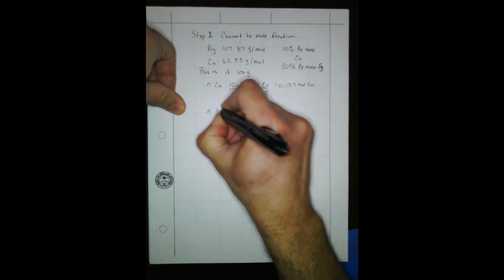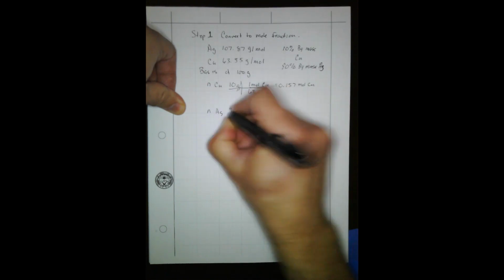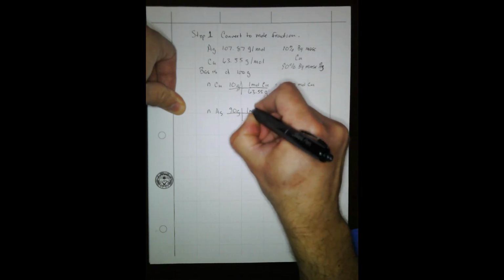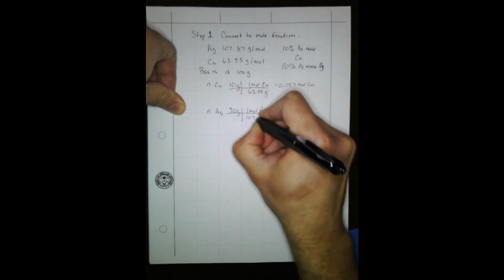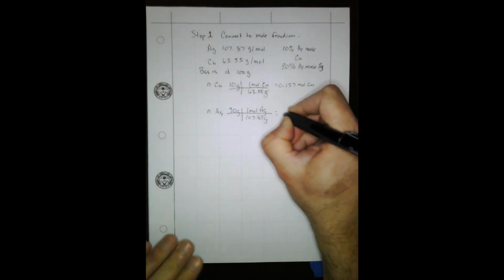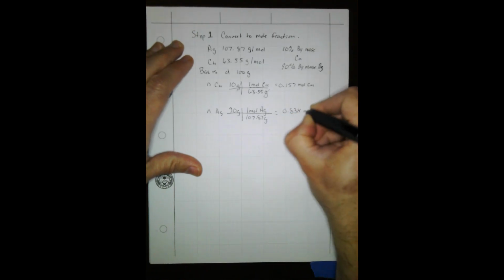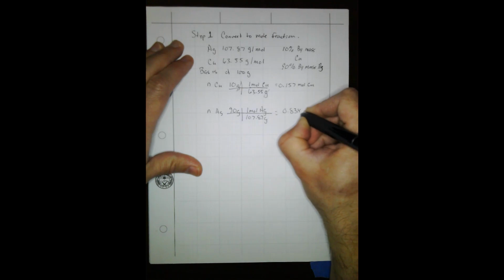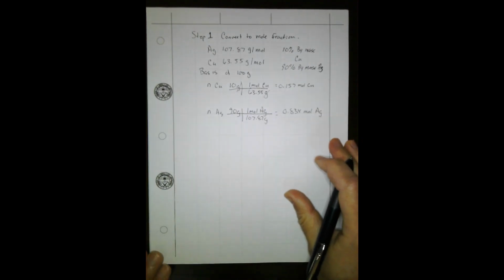The number of moles of silver is 90 grams, and 1 mole of silver is 107.87 grams, which equals 0.834 moles of silver. Now we want our mole fraction.